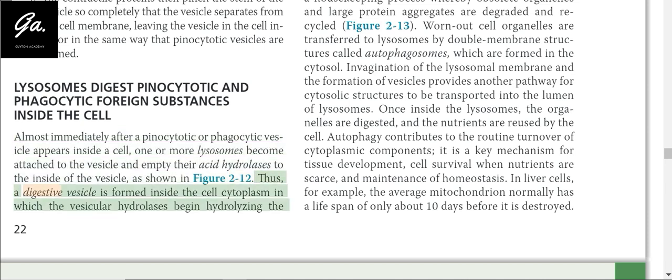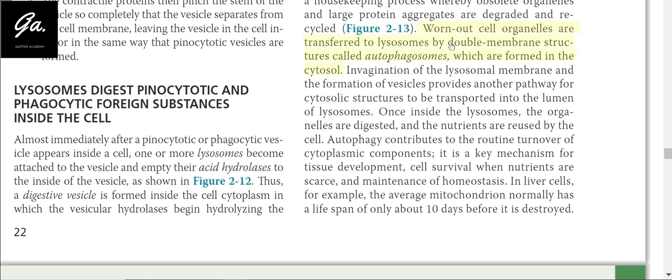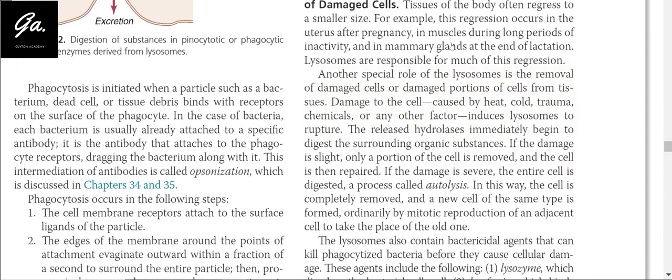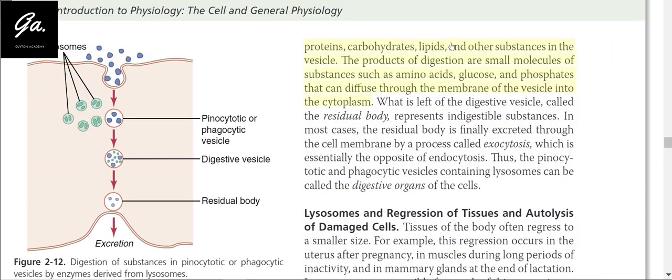Thus, a digestive vesicle is formed inside the cell cytoplasm in which the vesicular hydrolases begin hydrolyzing proteins, carbohydrates, lipids, and other substances in the vesicle.